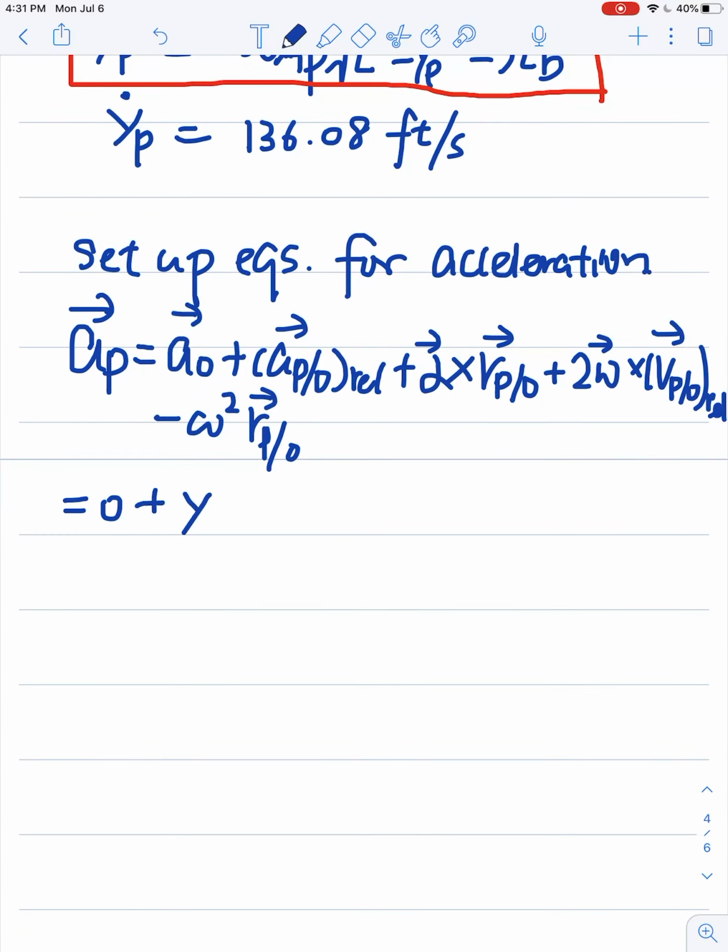Okay, so here we have plus YP double dot. Keep it in mind, we need to have a direction for this. So that direction is small j.